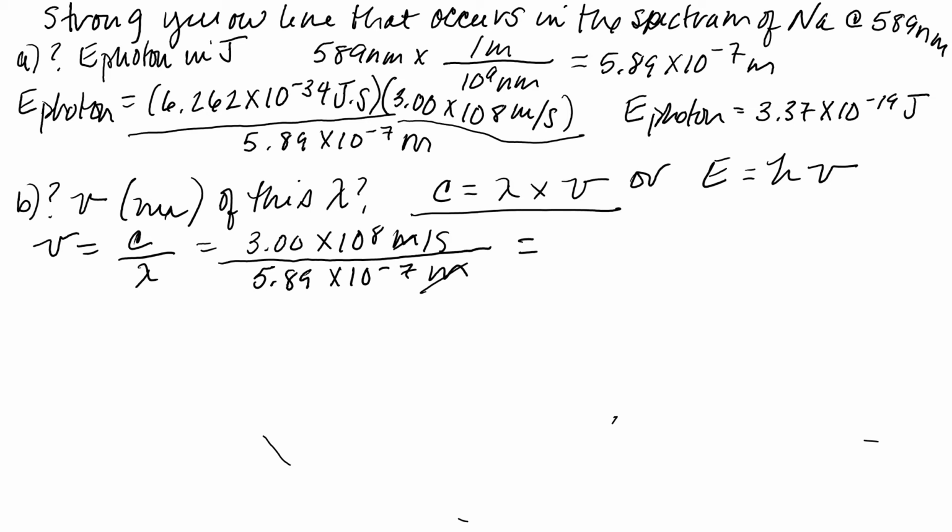I prefer to use s to the minus 1 so I can keep track of my units canceling. And this frequency then is 5.09 times 10 to the 14 s to the minus 1, or hertz.